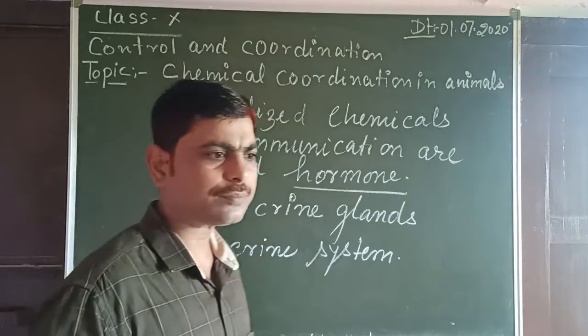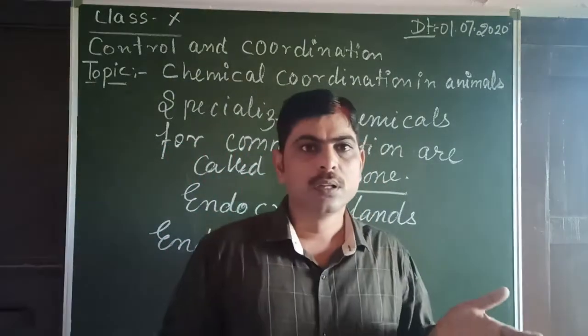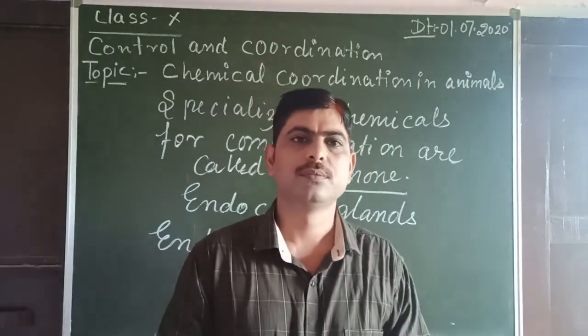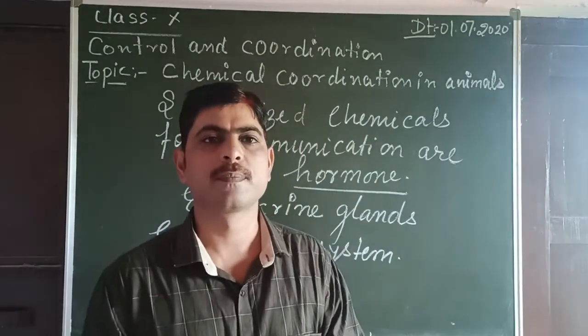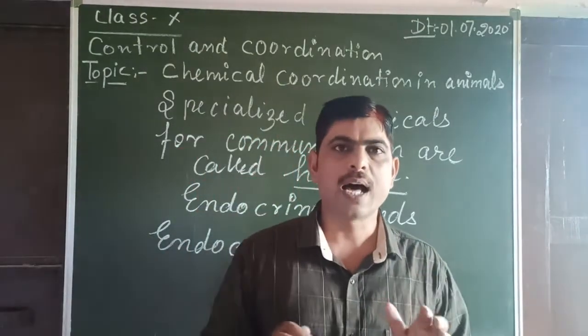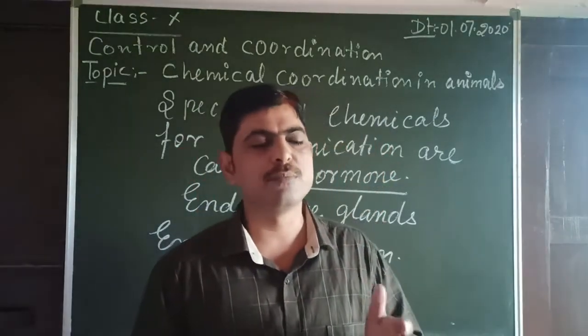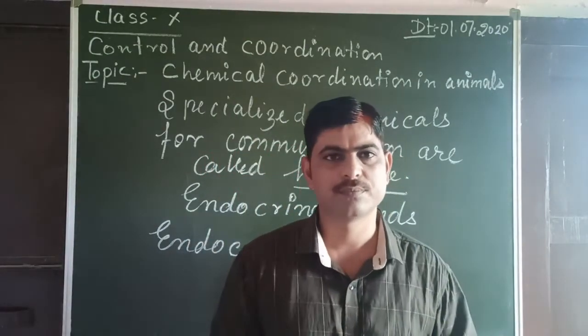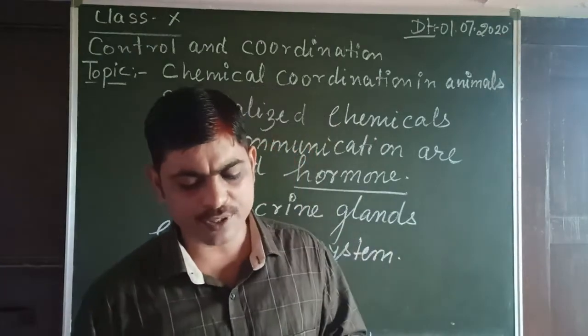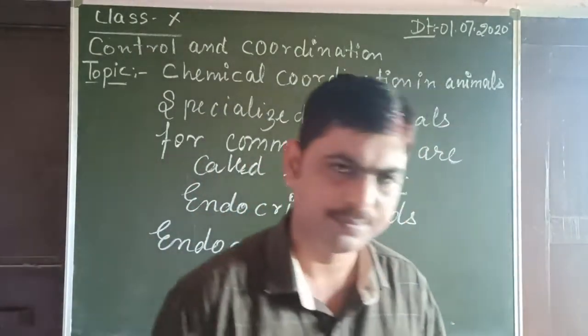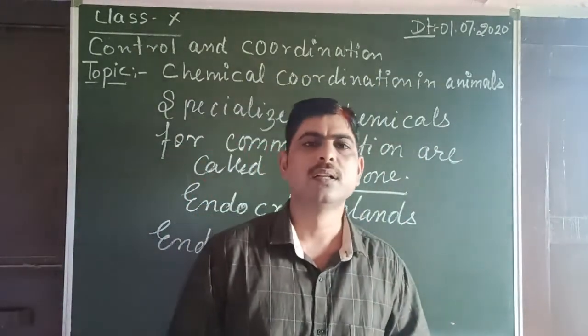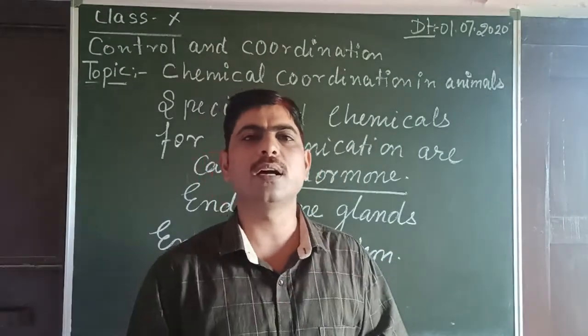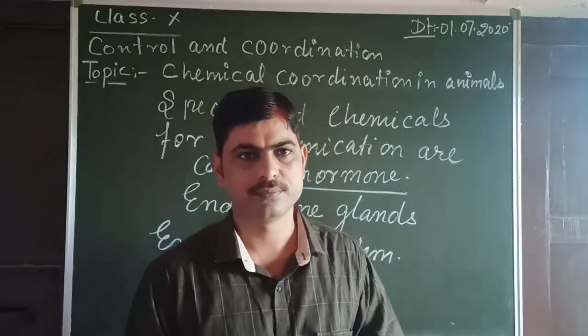Okay, dear students, the nerve impulses and these chemicals are meant for communication and regulation of the body functions. However, they have some basic differences. Still, they operate in a coordinated manner.